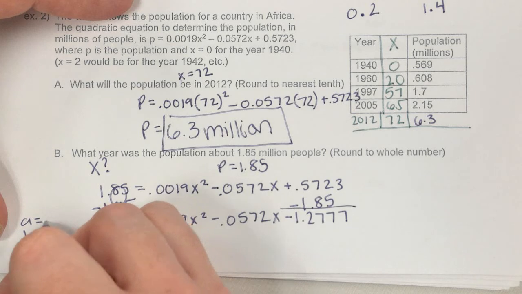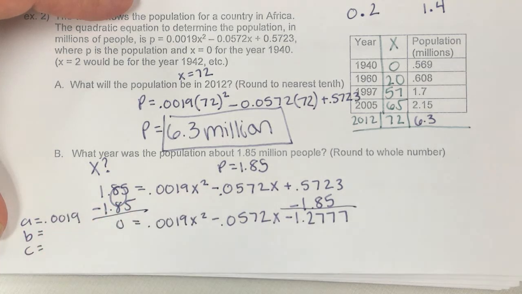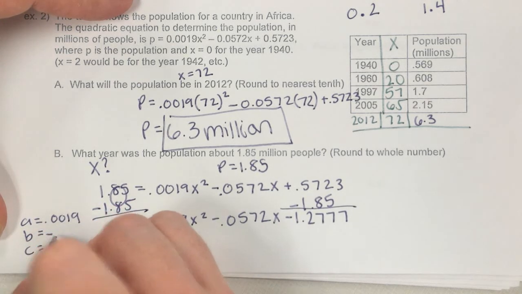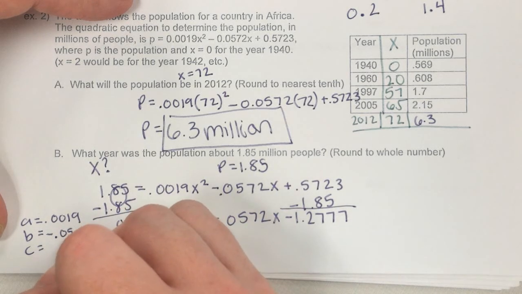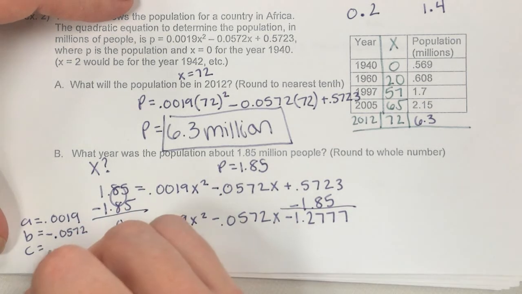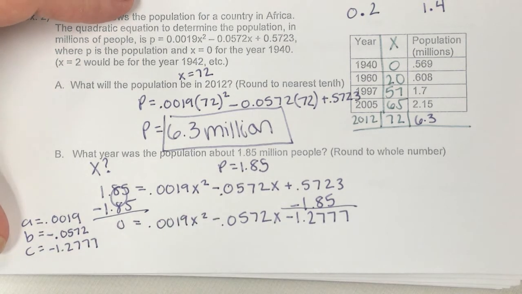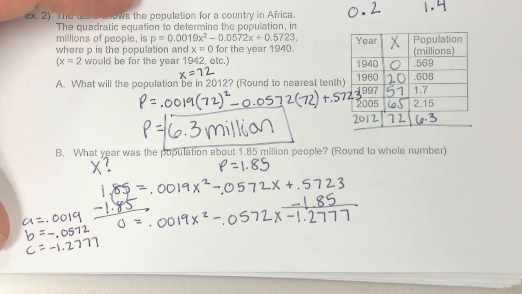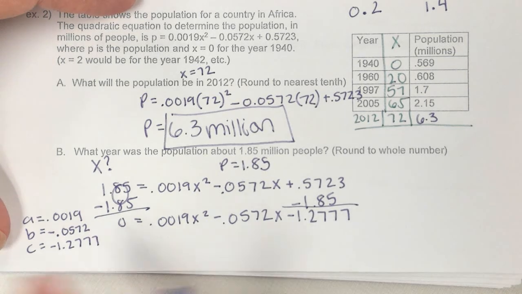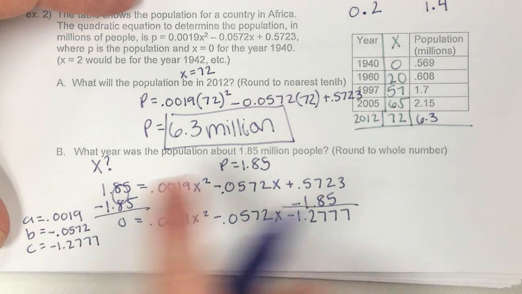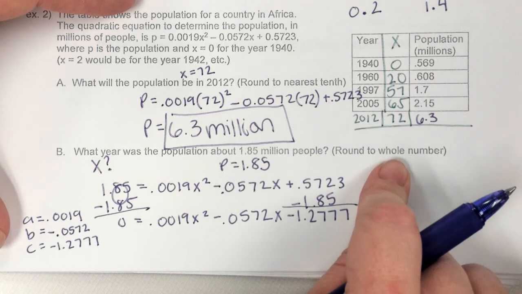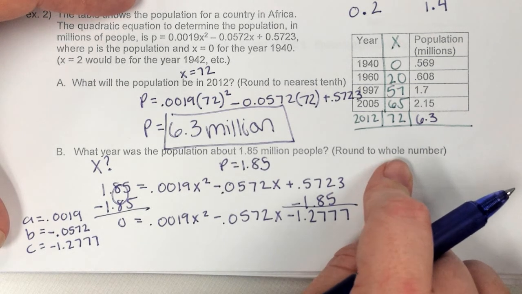So A is 0.0019, B is negative 0.0572, and C is negative 1.2777. Why do you think we don't round these? Yeah, if you round these, then later when you're supposed to be rounding, it's not even going to be closer to right, so therefore you're going to get the wrong answer.